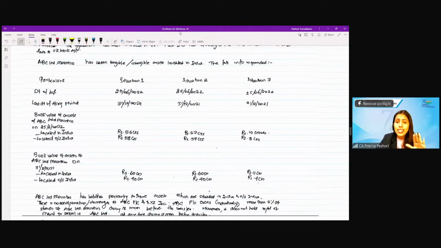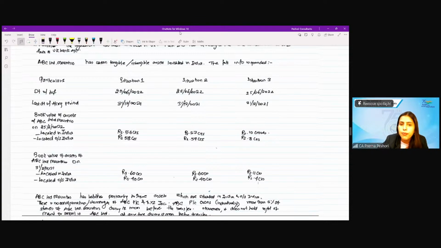And it says that it does not hold the right of management or control in ABC at any time during the 12 months before the transfer. Does it make any difference if ABC UK is not having the right of management or control?